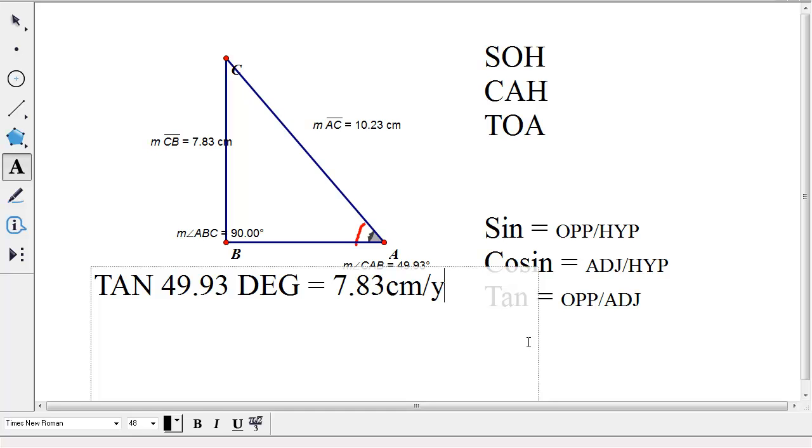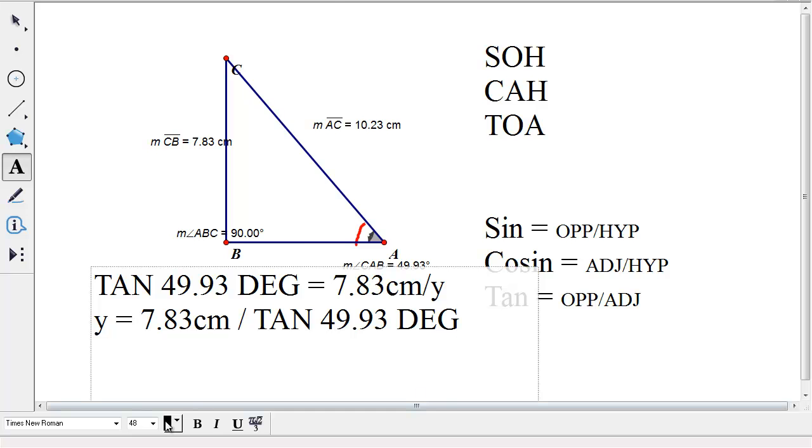With this problem it's a little harder because the variable we're trying to find is on the bottom. So what we can do is divide both sides by tan 49.93 degrees and multiply both sides by Y. So we get Y equals 7.83 centimeters divided by tan of 49.93 degrees.